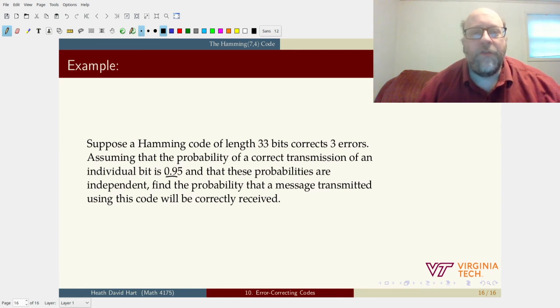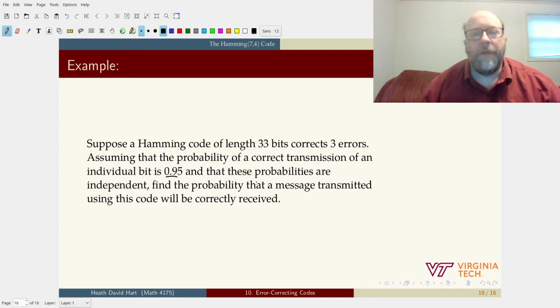And for an individual bit, there's only a 95% chance that it's correctly transmitted. Every single bit has a 5% chance of being mangled. But these probabilities are independent. Every bit is transmitted independently from each other bit. What is the probability that a message transmitted using this code will be correctly received?